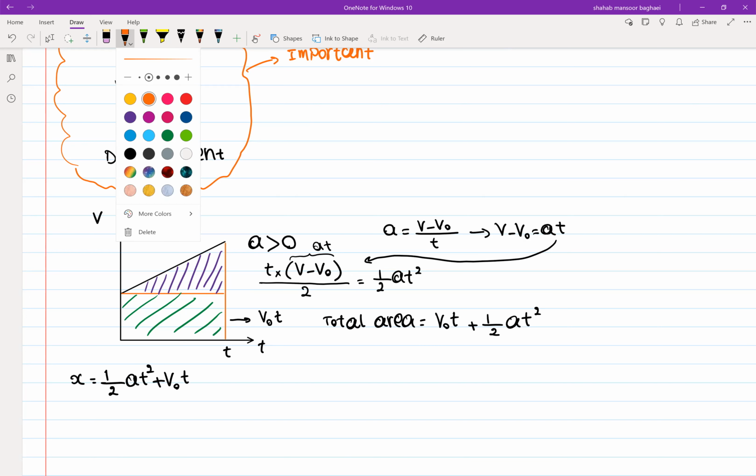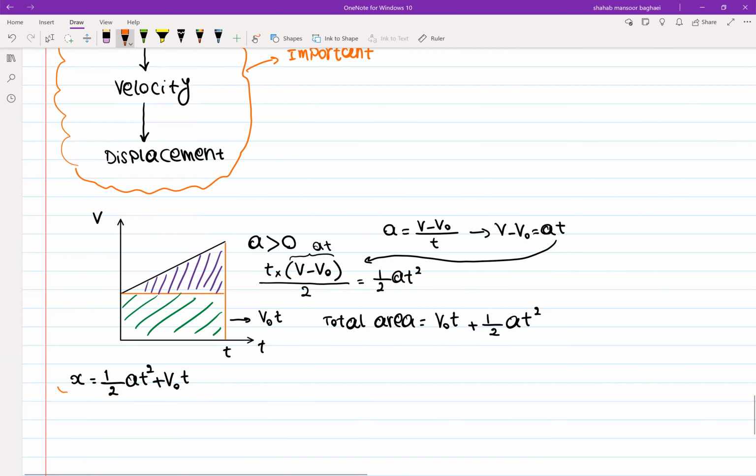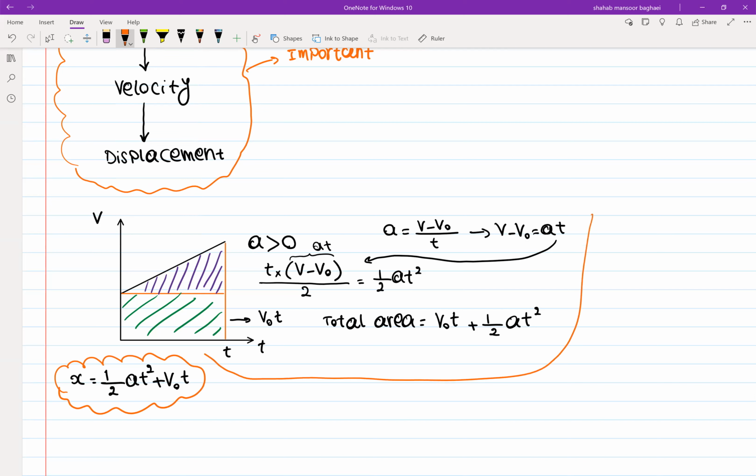Pay attention. You should learn only this part. The rest is only for your information, but we need only the final result. I proved it in order to complete every analysis here, but you don't have to use this analysis. Just use the result, which is displacement.